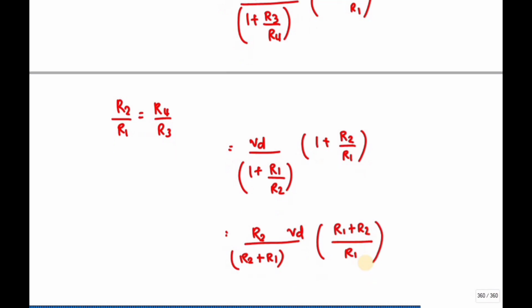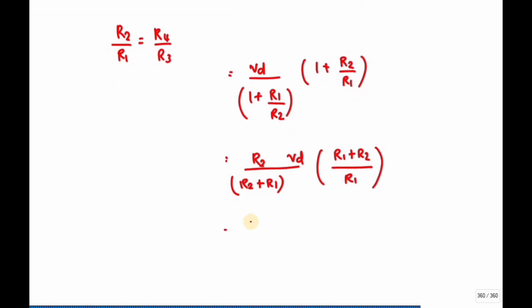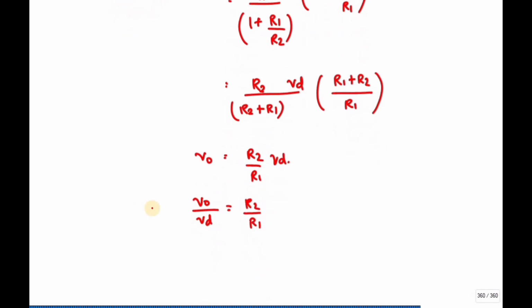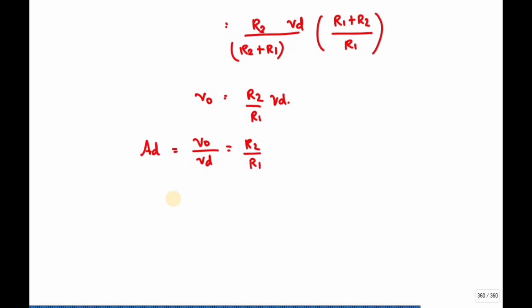This is equal to R2 divided by R1 into VD, which is my V naught. So V naught by VD is equal to R2 by R1, which is my AD. This is about the differential gain.